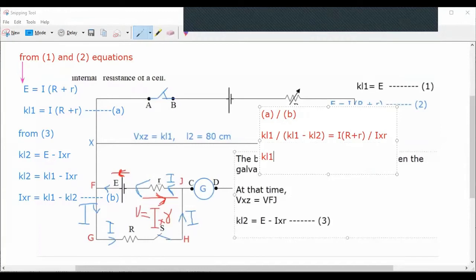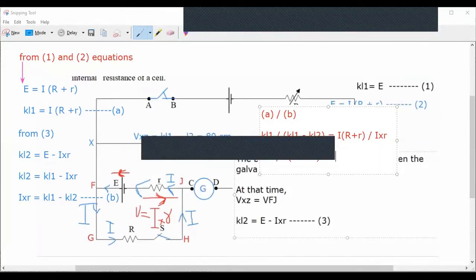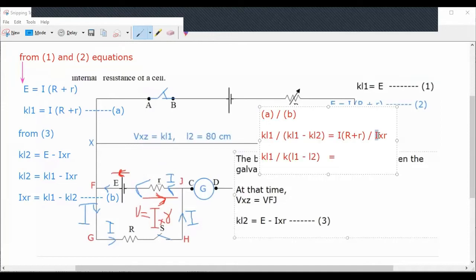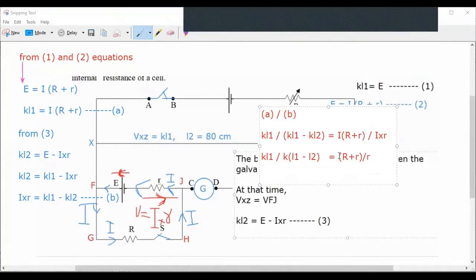KL1 divided by K times (L1 minus L2), since term K can be taken out in the denominator. The term I and this term I can be cancelled out, so remaining terms will be (R plus simple r) divided by simple r.